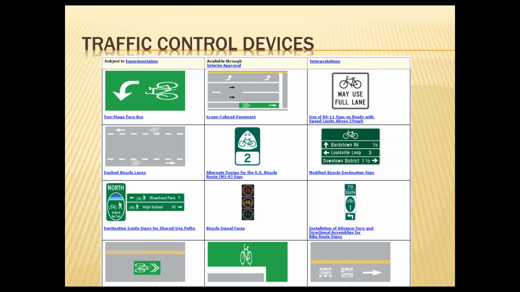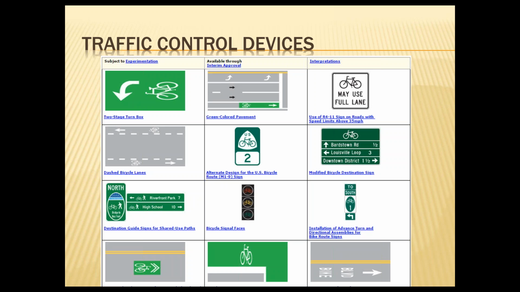We also get lots of questions about whether these bicycle treatments that we see in all of these guides, like NACTO in particular, are acceptable when you are looking at the Manual of Uniform Traffic Control Devices. And FHWA has developed this website to address that very question.